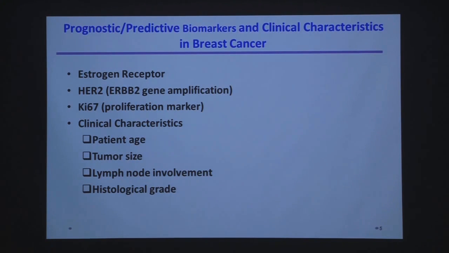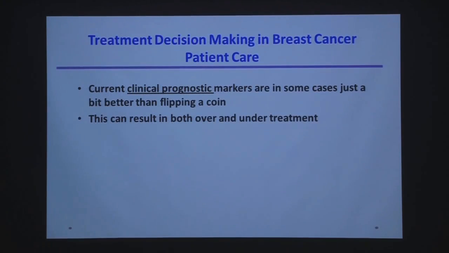In terms of the clinical characteristics, we often have looked at patients' age, if they're pre or postmenopausal, in that more women who are premenopausal at diagnosis have a poorer prognosis. The tumor size is obviously an important factor in looking at prognosis, as well as whether there's spread to the lymph nodes, if it's local or regional spread, and the histologic grade has been a significant prognostic marker.